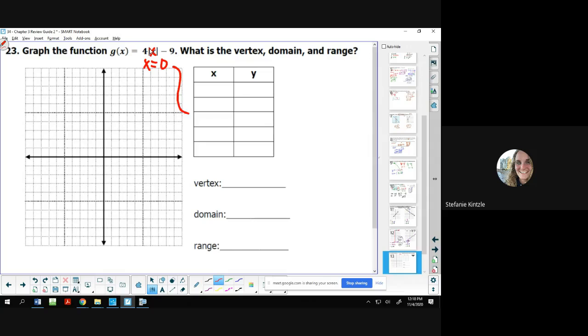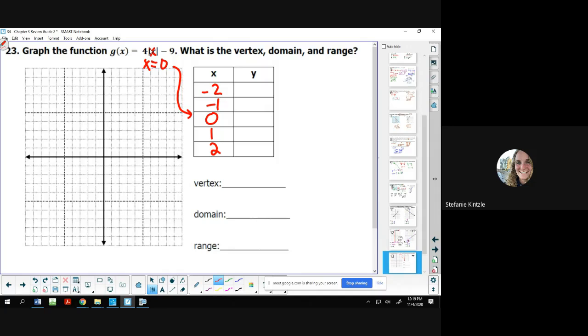And that's what goes in the middle of your table because that's the x value of your vertex. We need to get the vertex in the middle of the table. All right, so that means we're going to graph from -2 to +2, right? The whole purpose of doing that is to get the vertex in the middle.